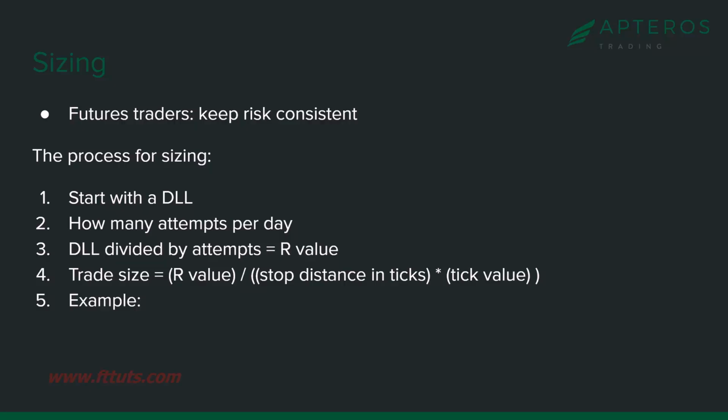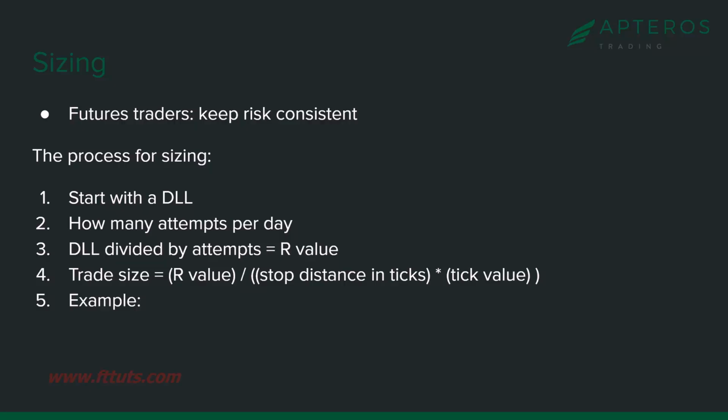How do we size our trades? Number one, you start with a daily loss limit. That's just a financial thing for you, right? What's your portfolio like? What's your trading account? Figure out a daily loss limit that's comfortable. How many attempts do you then need to do what you do on a day in, day out basis?